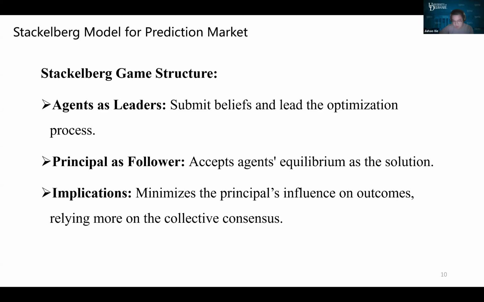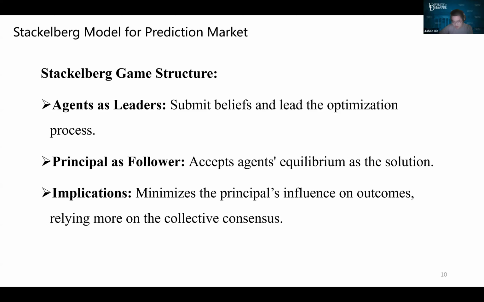Here is how it works. We can see how it works from these 3 points. The agents, as leaders, submit their beliefs, which guide the optimization process. Once these beliefs are aggregated, the principal accepts this consensus as the final solution.